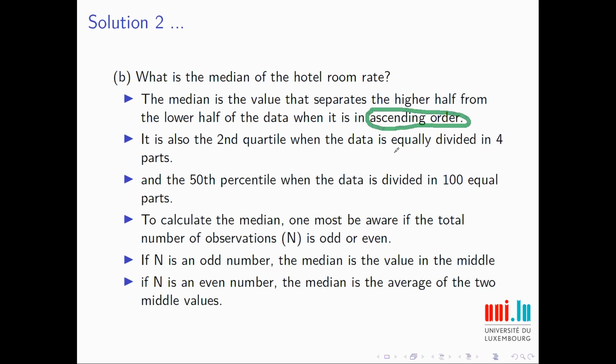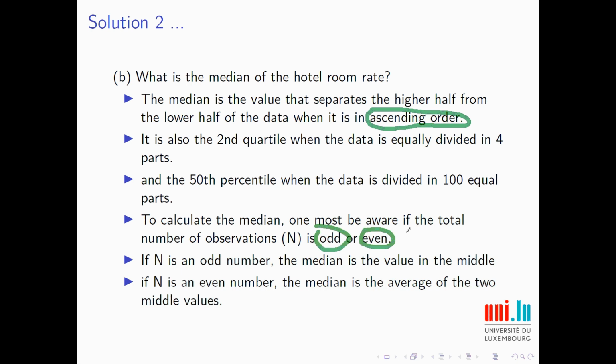It's also important to be aware that to calculate the median, one must know whether the total number of observations is odd or even. Depending on whether the number of observations is odd or even, we should find the position of the median element differently. I will show you if you have further questions.